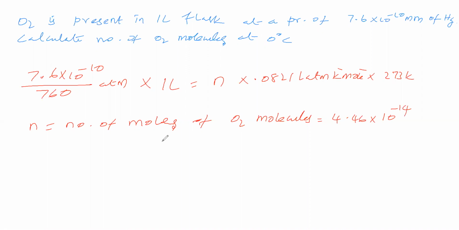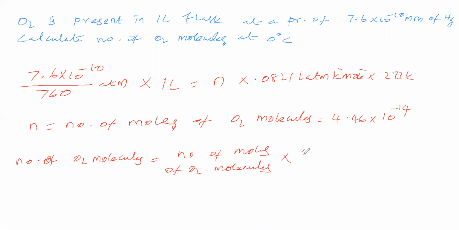Now we will calculate the number of molecules. The number of oxygen molecules is equal to the number of moles of oxygen molecules into Avogadro number. The number of moles we substitute is 4.46 into 10 power minus 14.